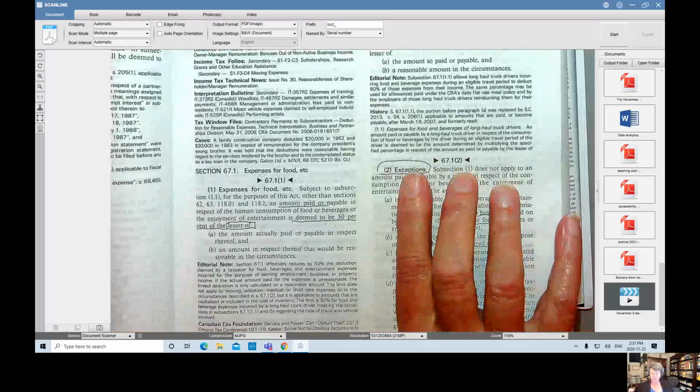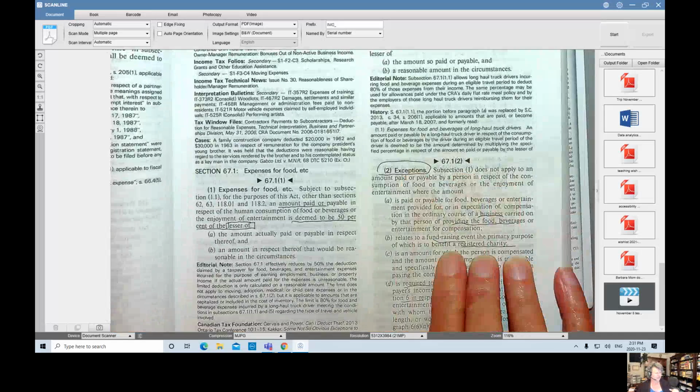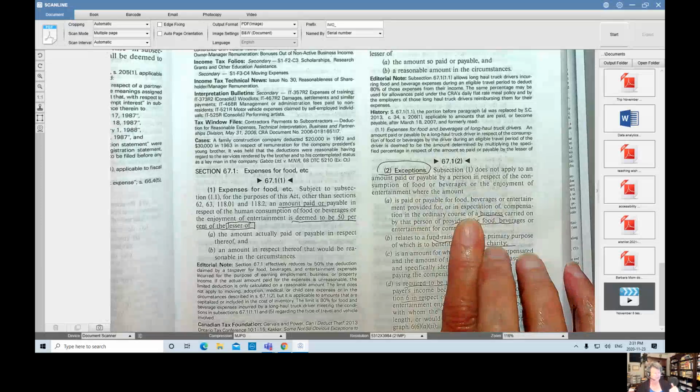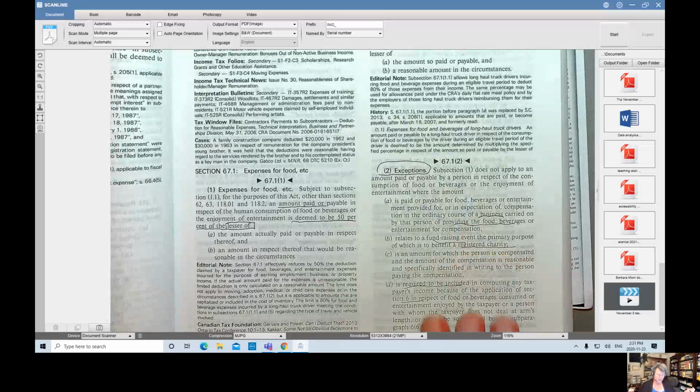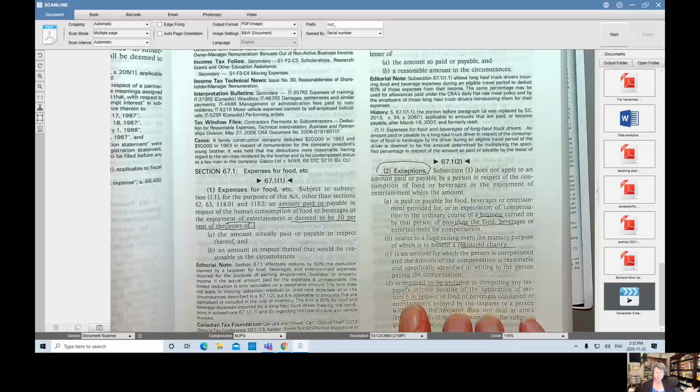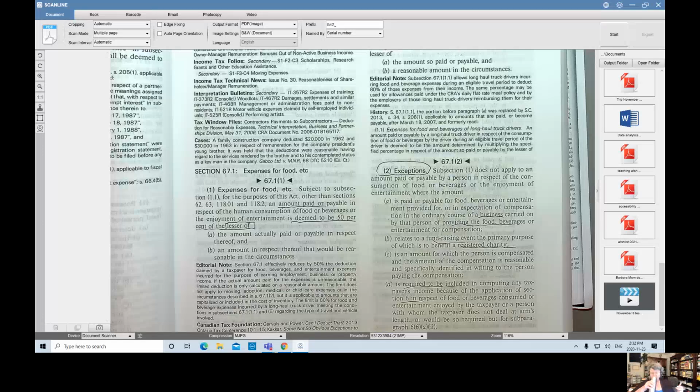Okay. Now, there are some exceptions to the 50% rule. So you need to pay attention to those. If your business is providing food and beverages, you get to deduct all your expenses for your business. If you've got a charity fundraiser, they'll let you deduct them. If the amount you're expending is included in an employee's income under Section 6, so if the employee benefit is 100%, the company can deduct 100%.